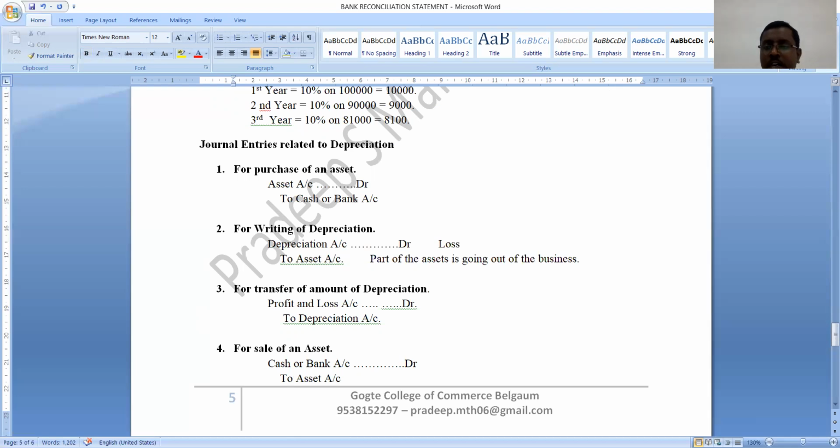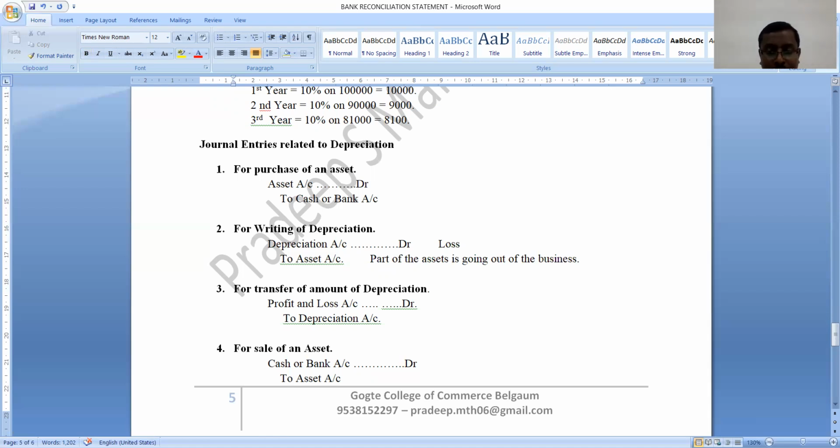For transfer of depreciation, see here, depreciation is a loss, and it must be recorded in profit and loss account. Where must it be recorded? On the debit side of profit and loss account.